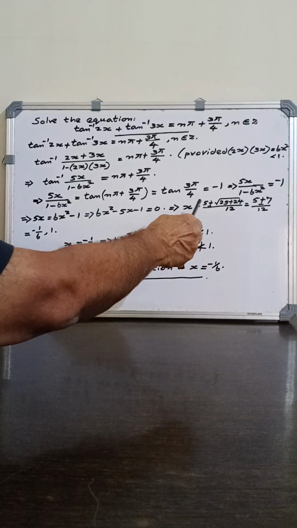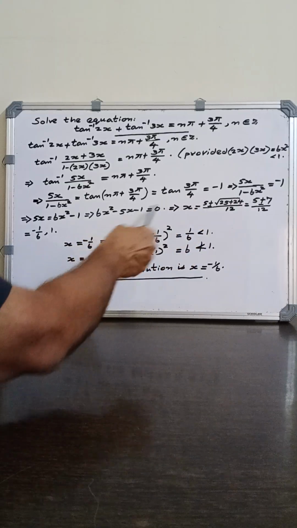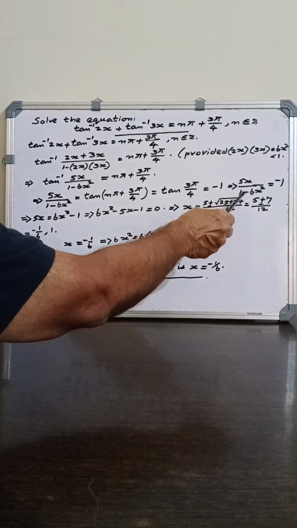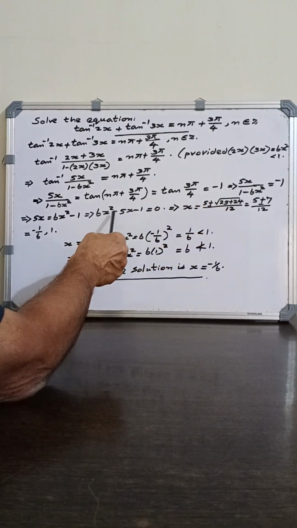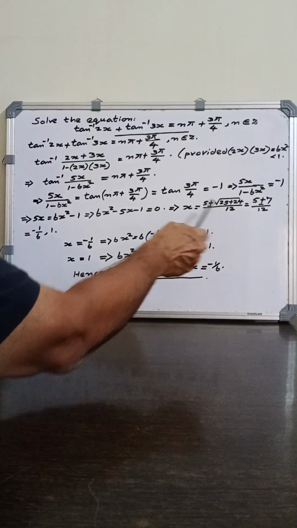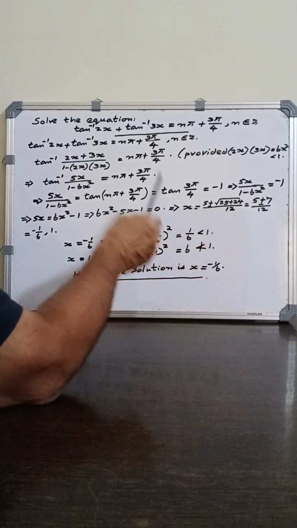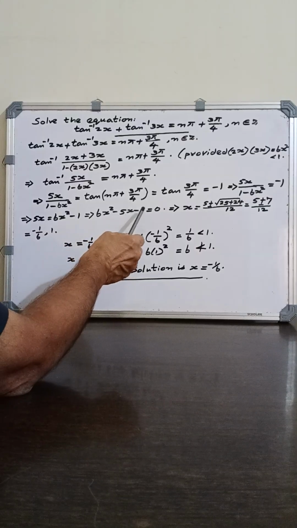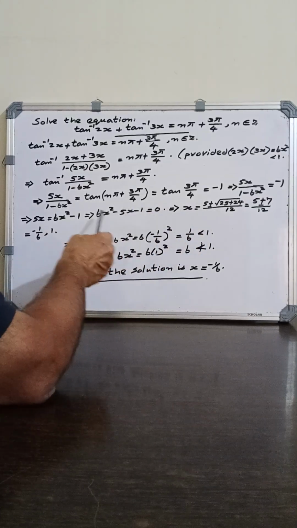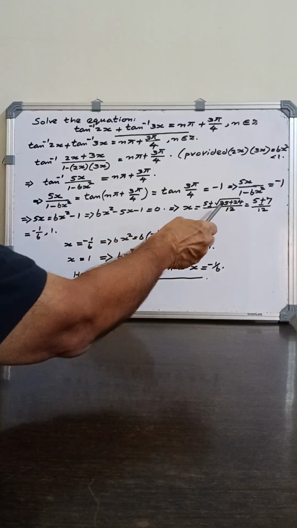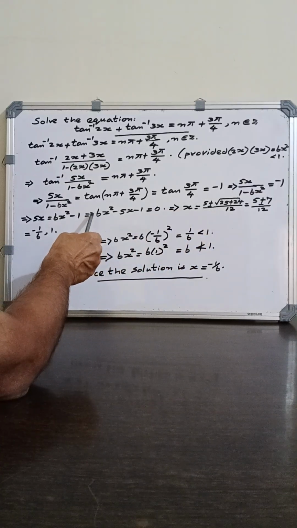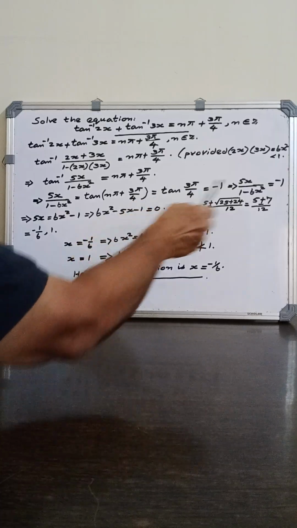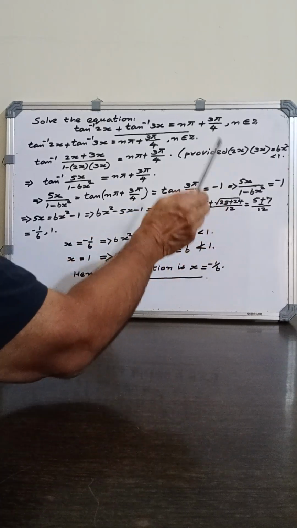That is minus b, that is minus of minus 5, which is plus 5, plus or minus root of b squared, minus 5 the whole squared, 25, minus 4ac, minus 4 into 6 into minus 1, that is plus 24.